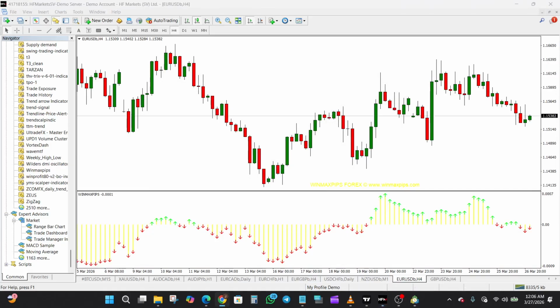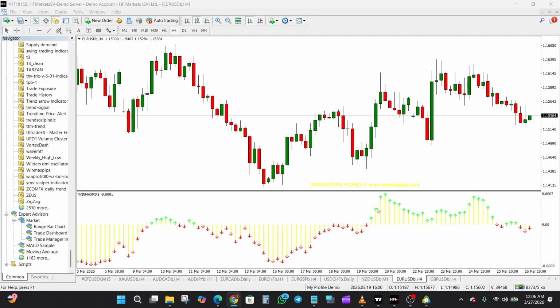All right, it was developed to help trend following traders in recognizing and determining the current trend in the market. As you can see, it is pretty obvious when the indicator is above the zero level and you have the appearance of these upward green arrows.